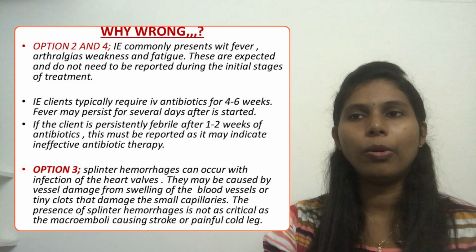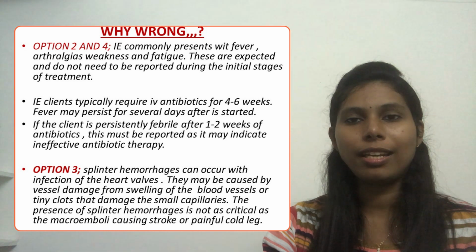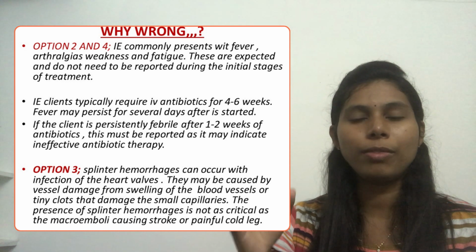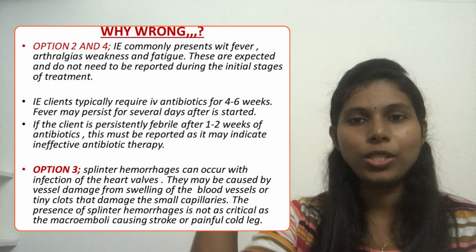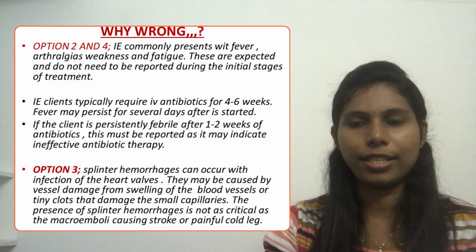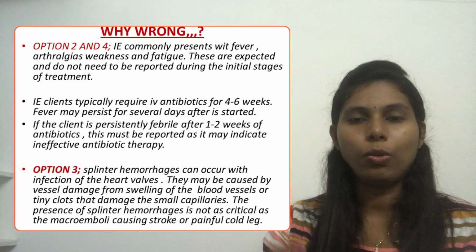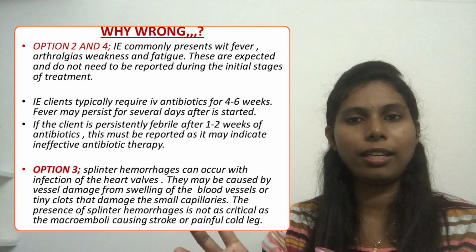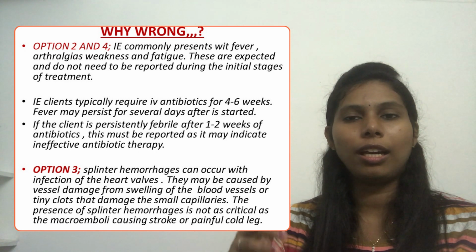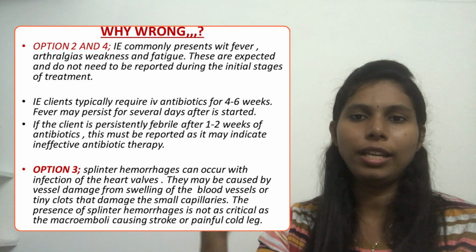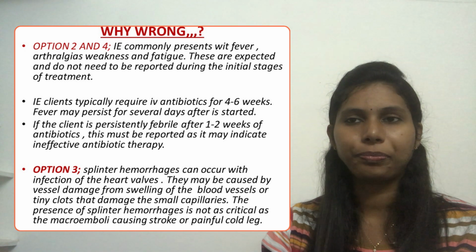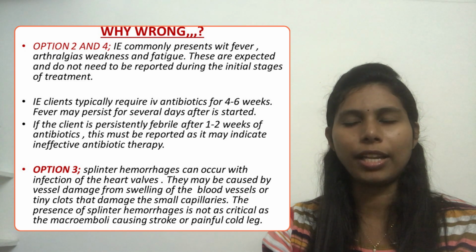The doctor and the nurse already know that, because based on those symptoms the client is diagnosed with acute infective endocarditis. So there is no need to inform again or to intervene further. Once they diagnose, the antibiotic is started, and once the antibiotic shows its therapeutic effect, this will resolve. So we will eliminate option 3.